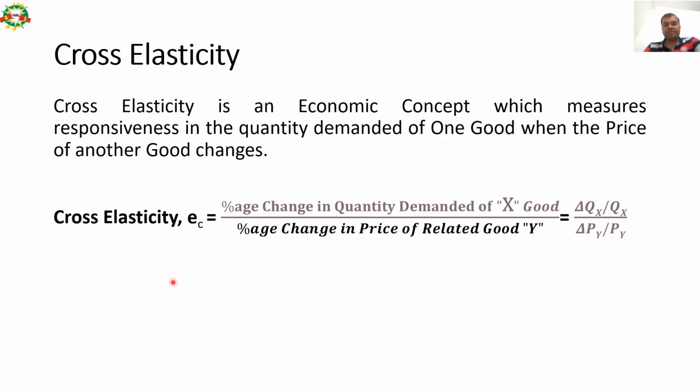Mathematically, it is also called EC, cross elasticity, and it is equal to percentage change in quantity demanded of good X divided by percentage change in price of the related good. So in case of price elasticity, quantity and price were both of the same good. However, in this case, it is the quantity of one good divided by the change in price of a second good. So this is the formula for calculating cross elasticity.